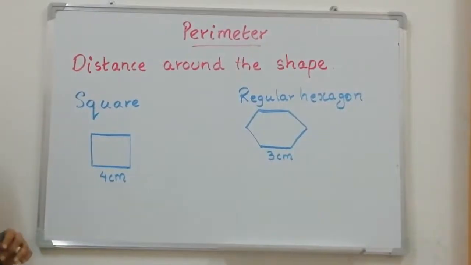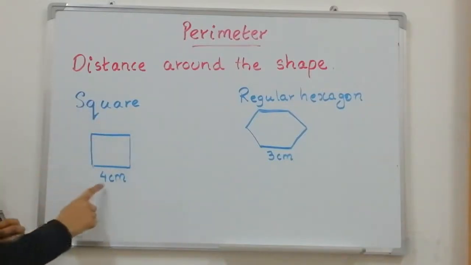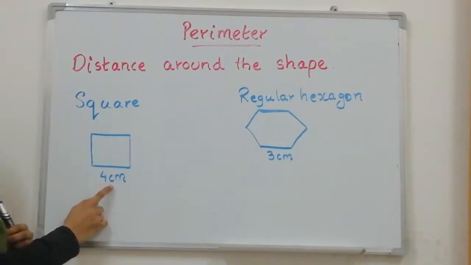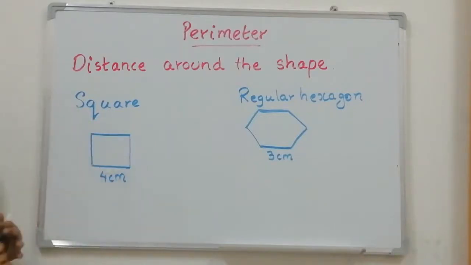Next we are going to discuss how to find the perimeter of a square. We know that a square means all sides are equal. Here just one measurement of the side is given, which is 4 centimeter. As we know all other sides are equal in a square, the other sides are also 4 centimeter. So how do I find the perimeter?